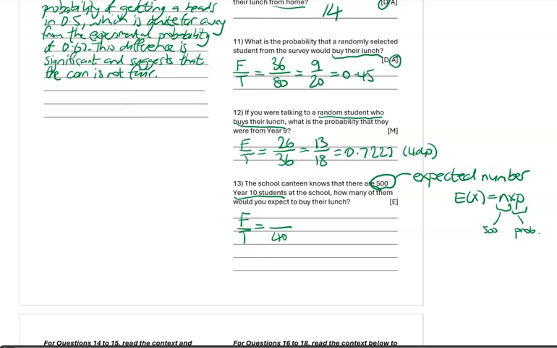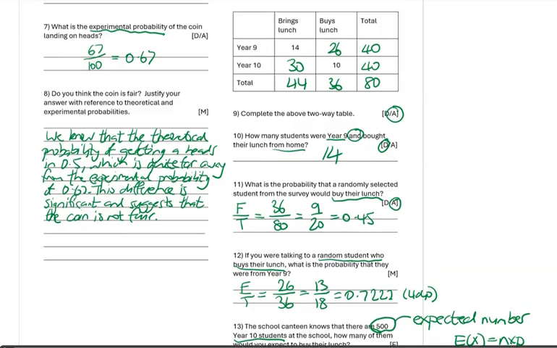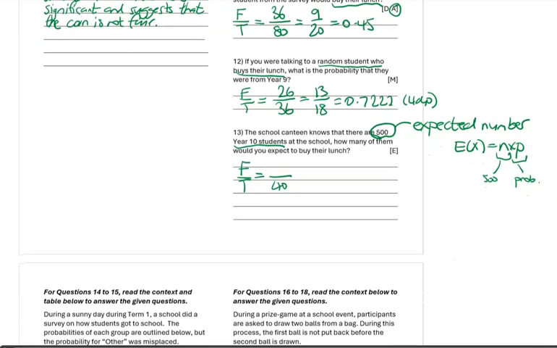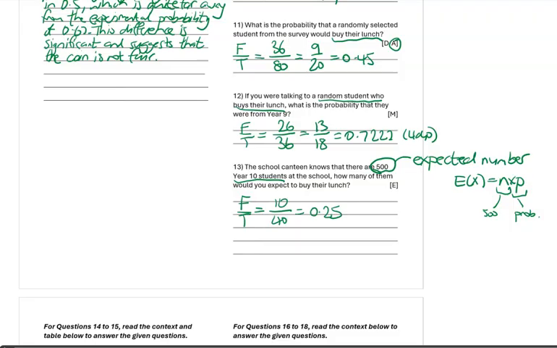So 40 year 10s, and of these year 10s, how many of them bought their lunch? It was 10. So we got 10 out of 40. And then if you simplify that, that would have got you to 0.25. That's the decimal version. So now that we've got that, we can then use our n times p formula. So remember, 500 was n, and we're going to multiply that by 0.25.